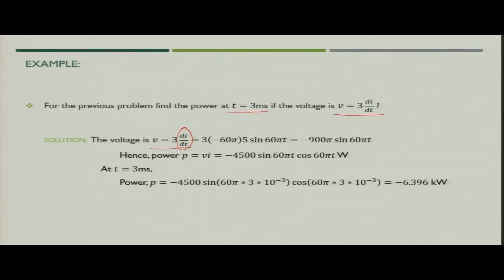If you differentiate you will get minus 60 pi into 5 sin 60 pi t, and with this you will get the voltage V as minus 900 pi sin 60 pi t.